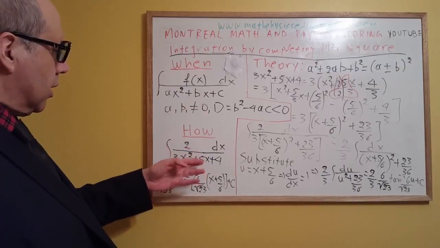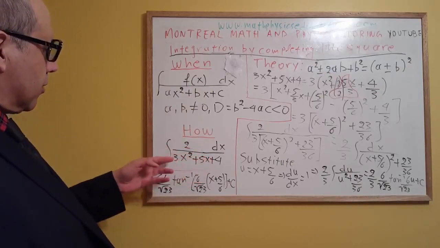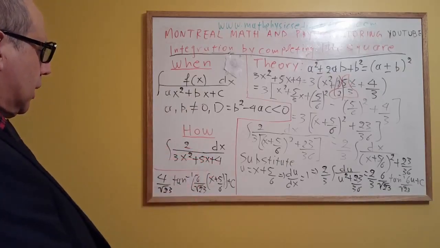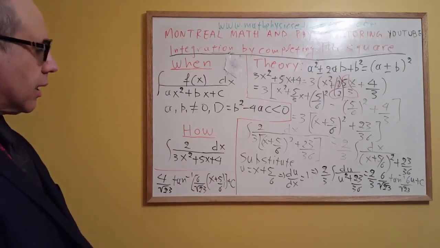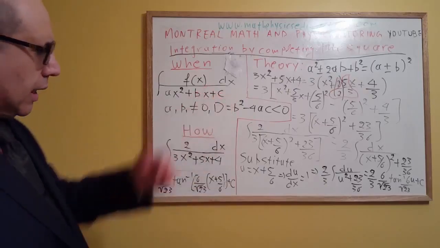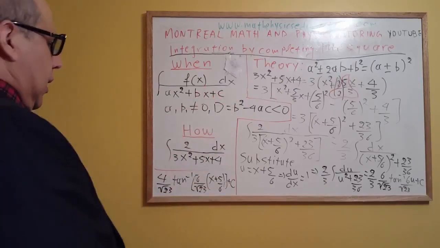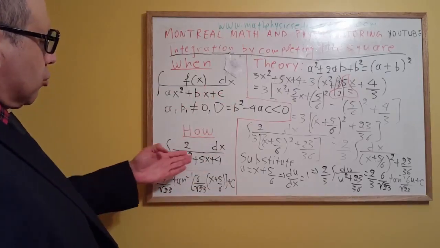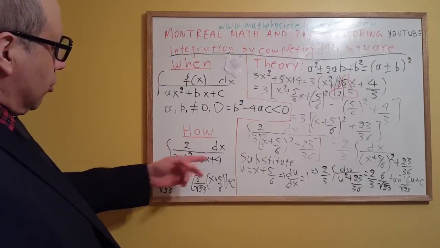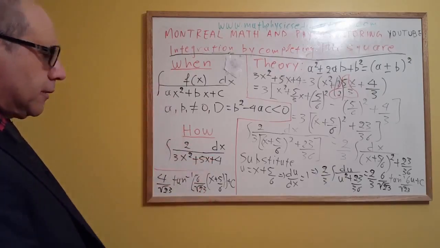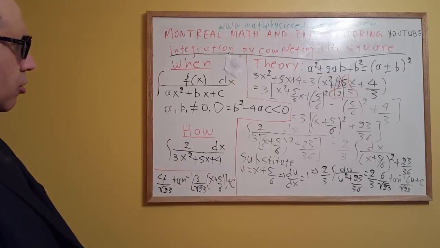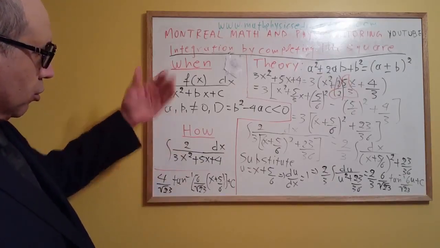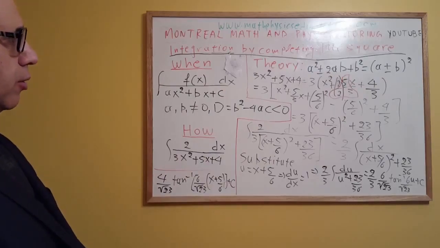Your discriminant is 5 squared minus 4 times 3 times 4, which is 25 minus 48, that's negative 23, so that's negative. And if you try to solve this by substituting u equal to your denominator, it won't work. So that means you have to use this method of completing the square.